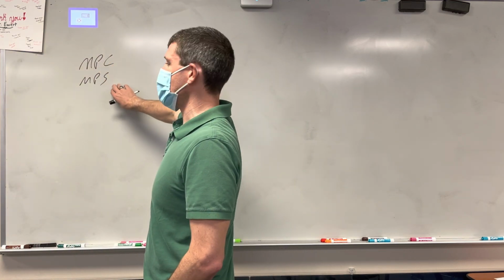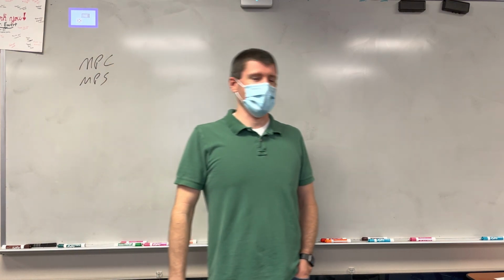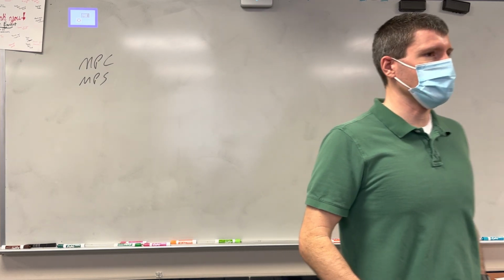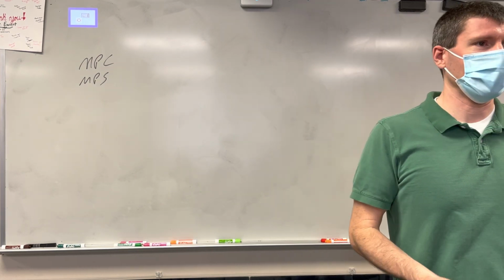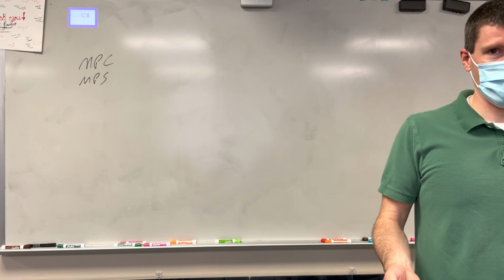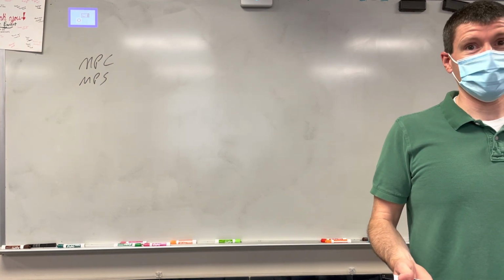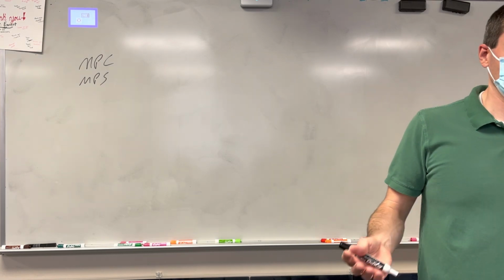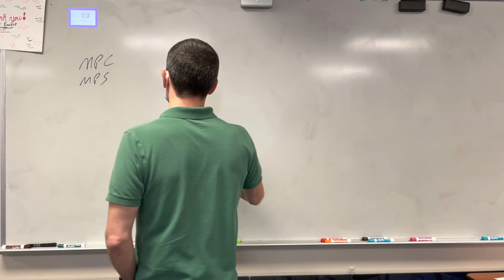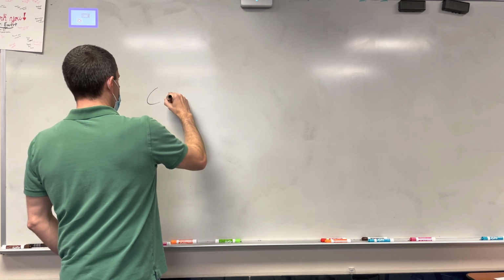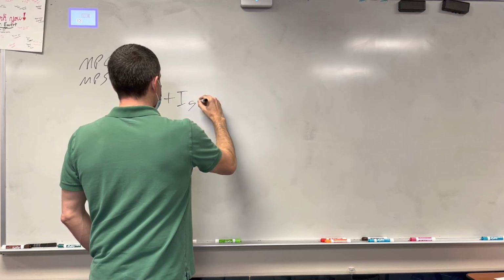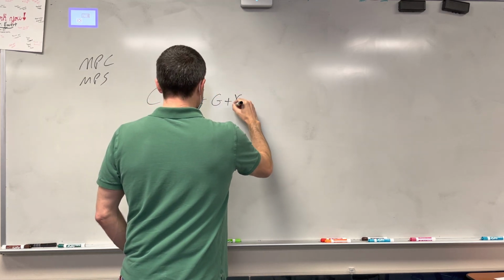So when we figure out the MPC and the MPS, what that enables us to do is to figure out the multipliers, both the spending multiplier and the tax multiplier. We use the spending multiplier when there's a change in spending. Any sort of change in spending. When we're talking about spending here, we're talking about the old equation, C plus IG plus G plus XN.